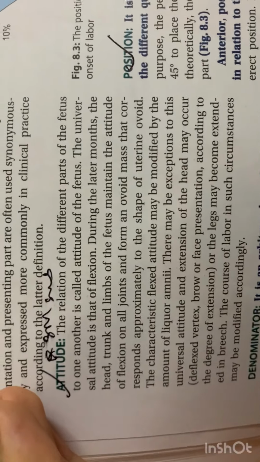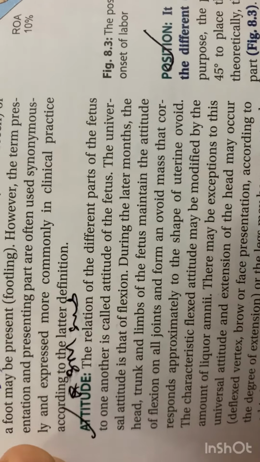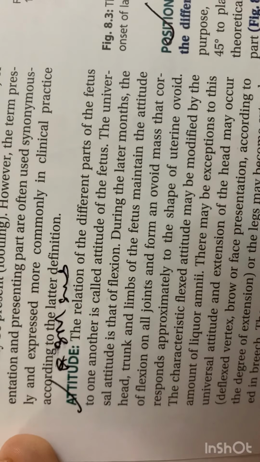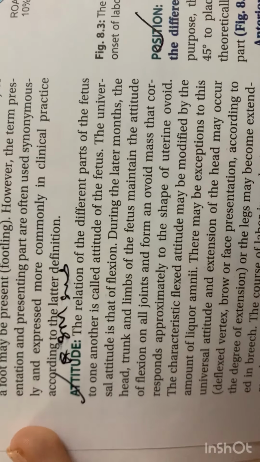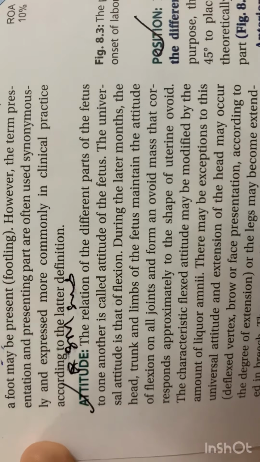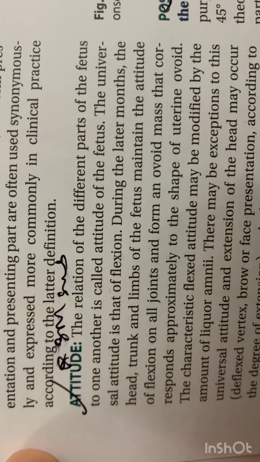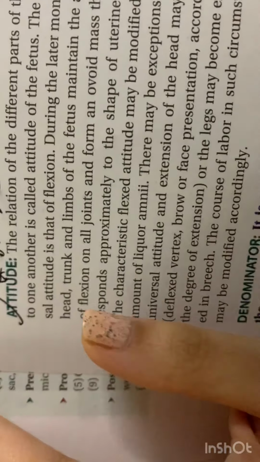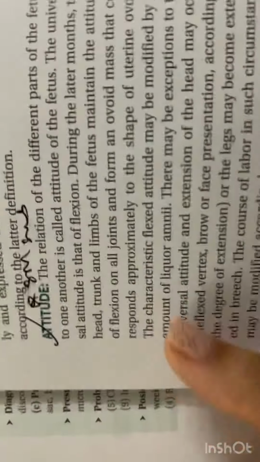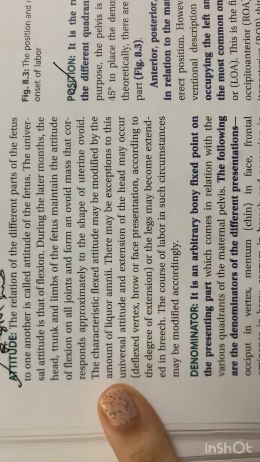The attitude may be determined by the liquor amnii, and there can also be exceptions to the attitude, like extension, which can be complete extension, partial flexion, or deflexed head. So these are other types of attitudes of the baby.